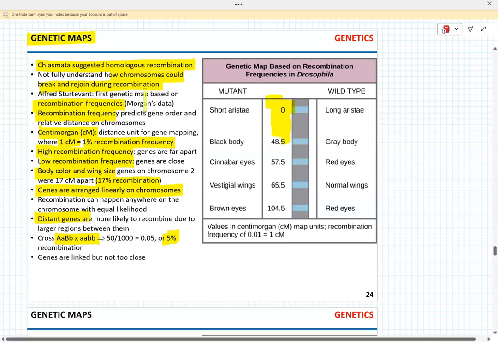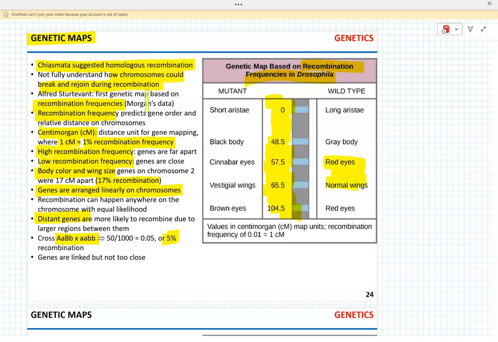Now, this map is just an example of the genetic map based on the recombination frequencies in Drosophila melanogaster. So, for instance, here you can see that the genes for red eyes and normal wings are pretty close.